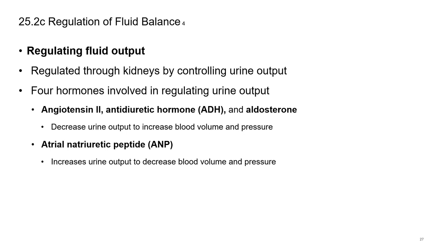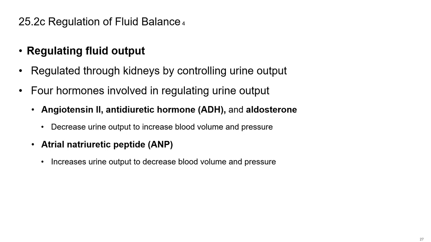And then atrial natriuretic peptide, remember that prefix NATRI, that has something to do with sodium, right? So natrium is kind of the Latin term for sodium. So in this case, ANP is going to be stimulated to be released when we have excess volume. That excess volume and pressure is going to stretch the atria. The stretching of the atria is going to stimulate the ANP release.